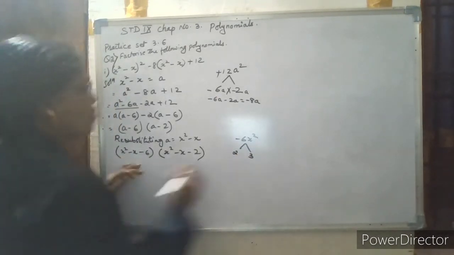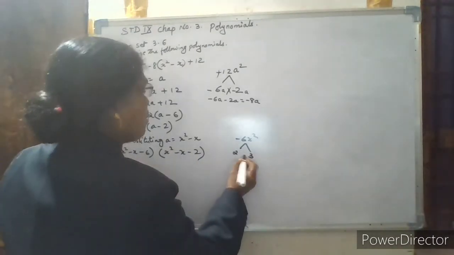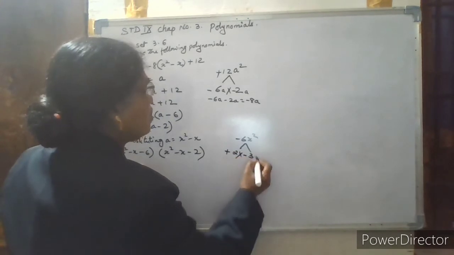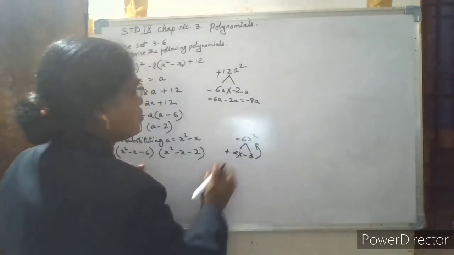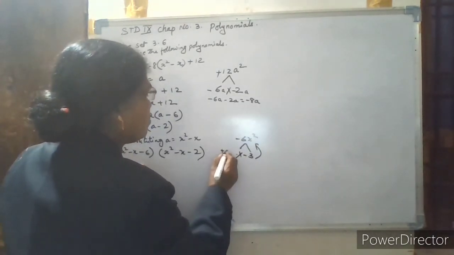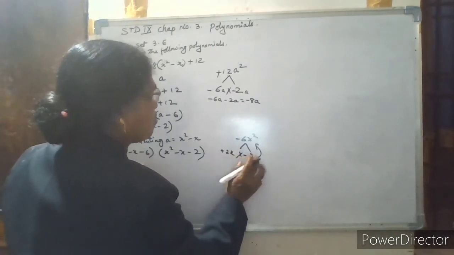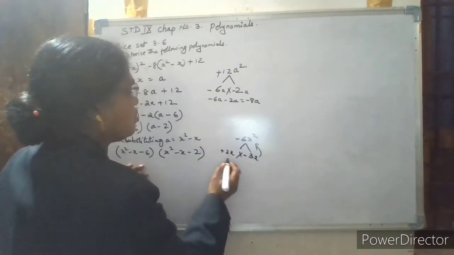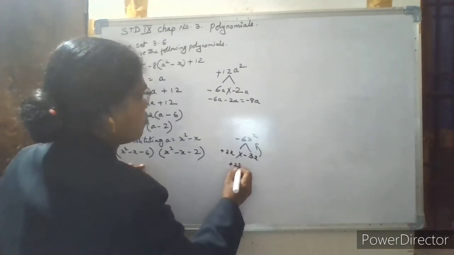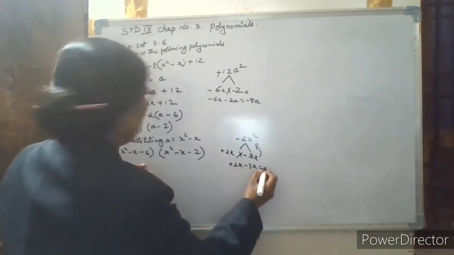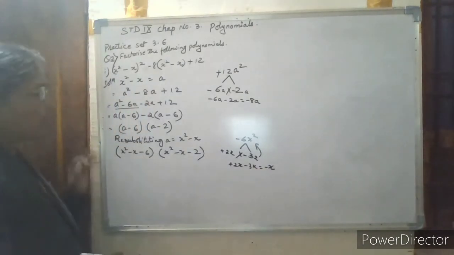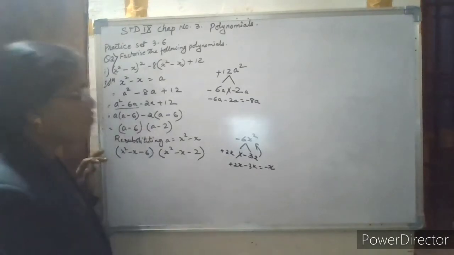So if I take one as minus and the other as plus, plus 2x and minus 3x, simplified, gives minus x.